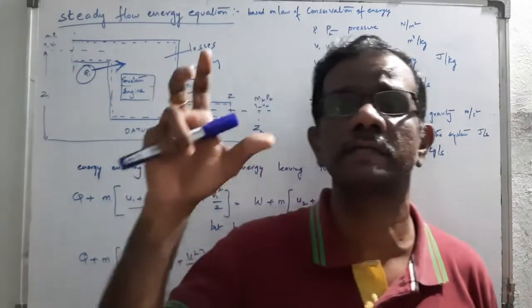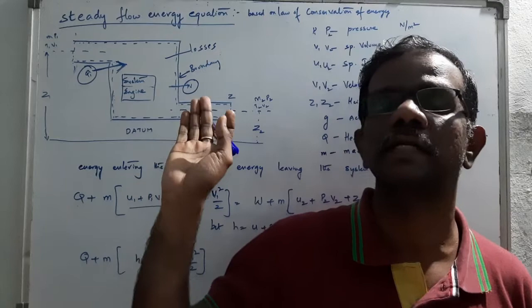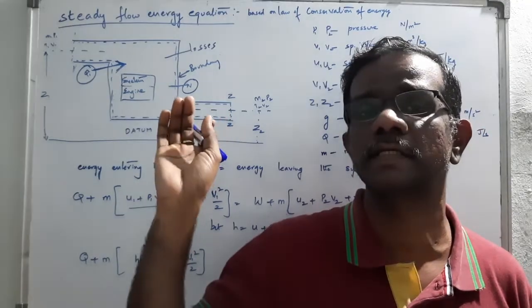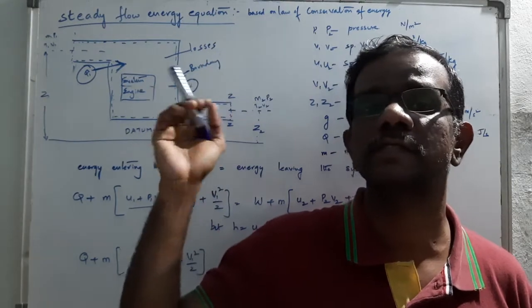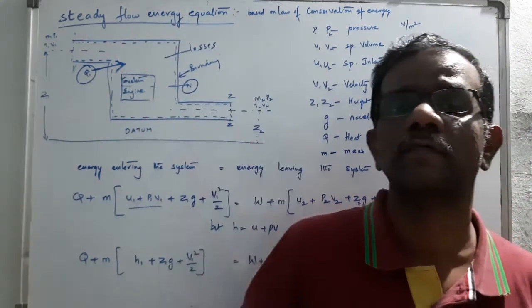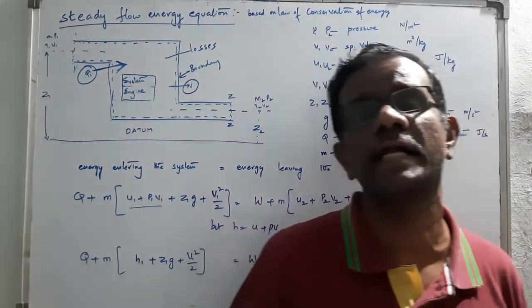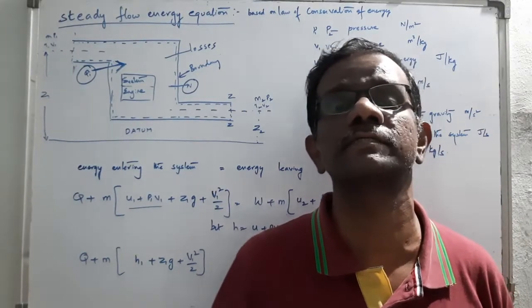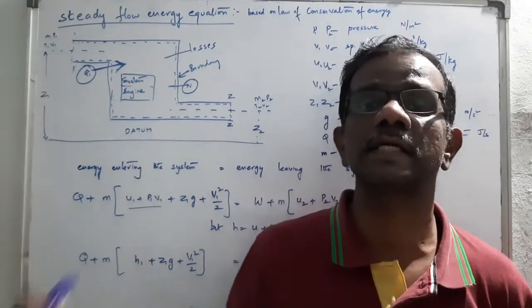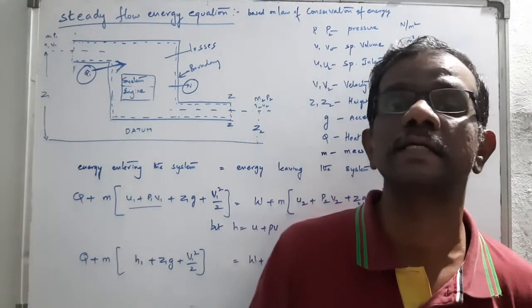Yesterday I gave a brief classification of how flow study is applied for open or closed systems. Open system means where both energy and mass transfer take place, whereas closed system means where the quantity of mass is fixed.